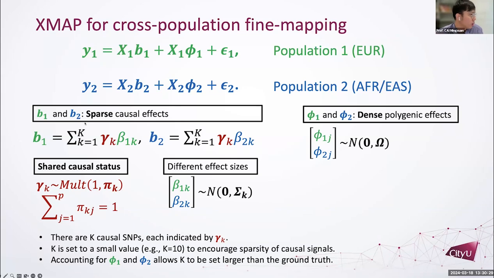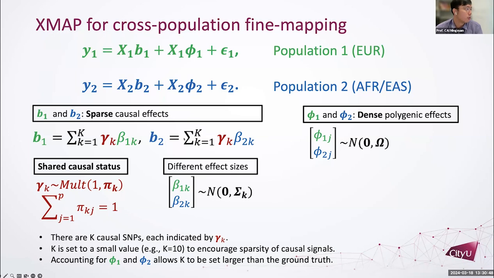The position of element 1 represents the index of the causal SNP of signal K. Then we multiply this vector with beta 1K, a scalar representing the scale of the effect size. Then we sum across all the K causal signals, and we get B1.